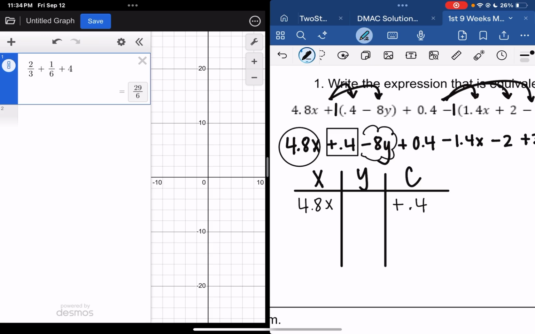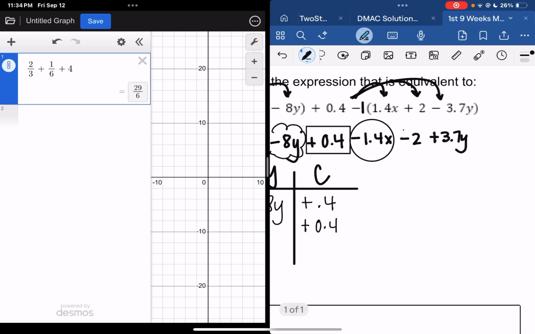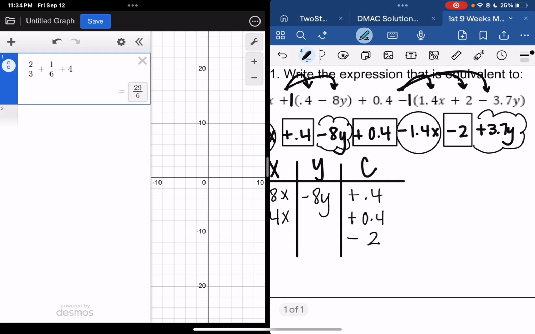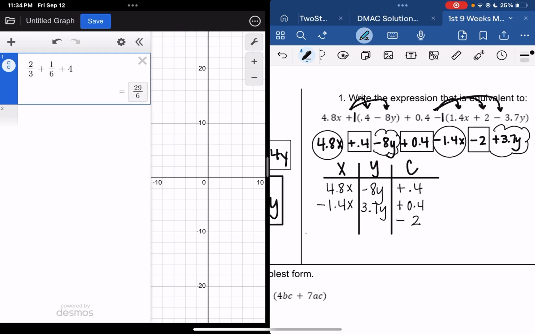This negative 8y goes under the y's. This 0.4 goes under the constants. This x goes under the x's. The constant of negative 2 goes under the constants, so that's a minus 2. And then our 3.7y goes under the y's. Then you just combine, my friends. Combine means add.